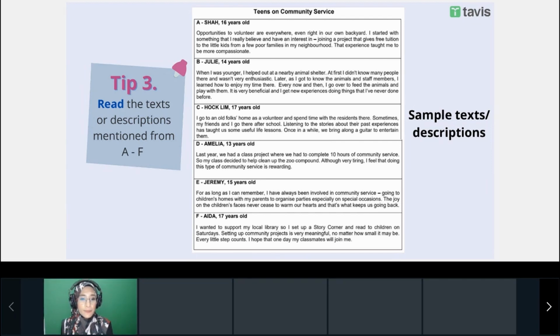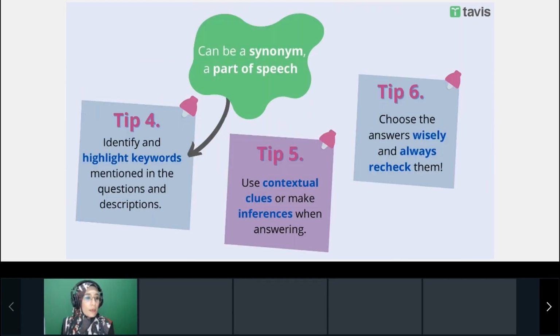Now, next one. Please try and identify, or you can also highlight, keywords mentioned in the questions and descriptions. In any paper that you receive, you always have to read the instructions, and then you need to read the questions, and only then can you highlight the keywords after you have understood the whole questions and also the answer options.